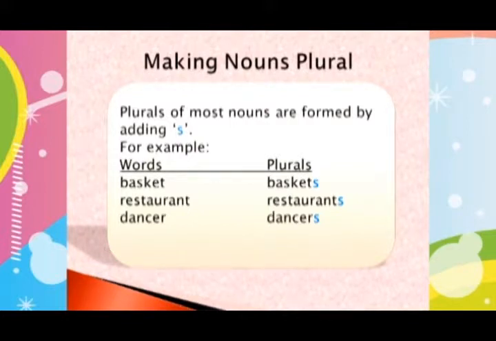For example, the words basket, restaurant, and dancer all form their plurals by adding s at the end. So for basket, the plural is baskets. Restaurant, the plural is restaurants. And dancer, the plural is dancers.